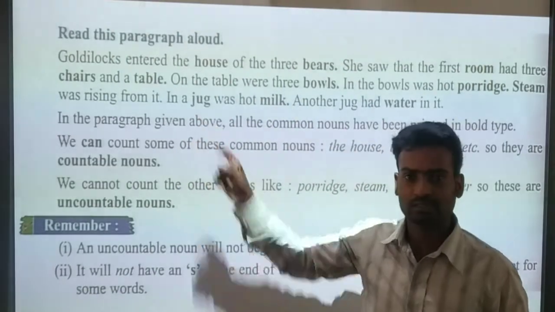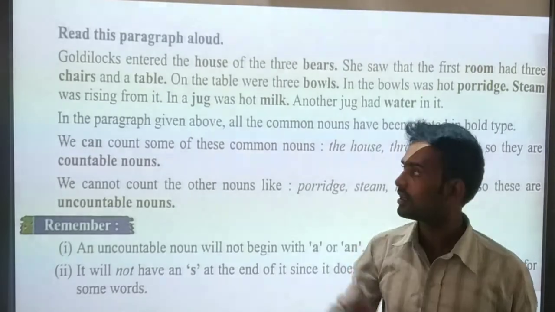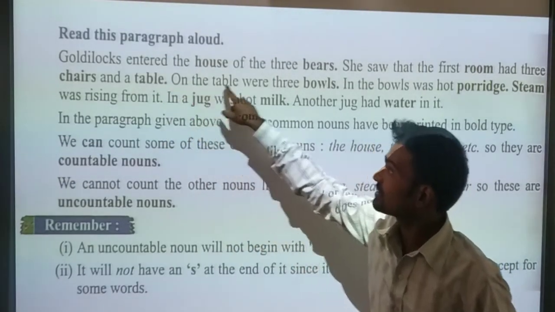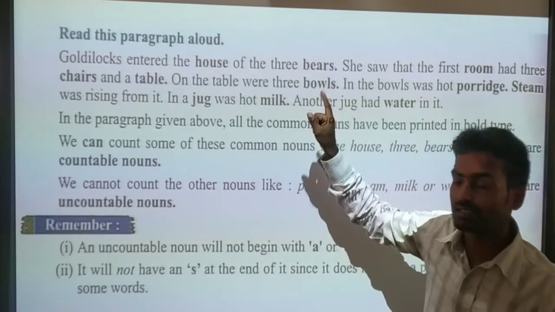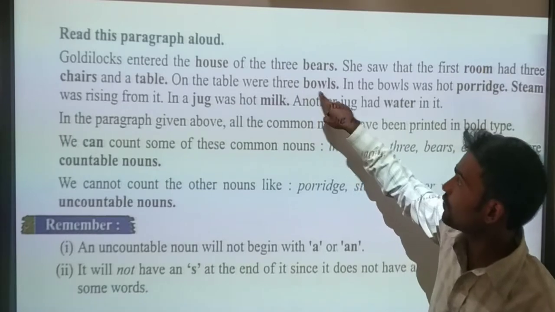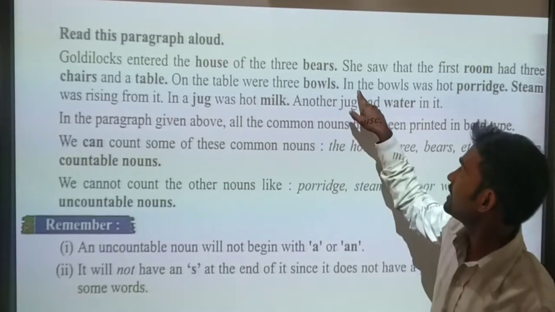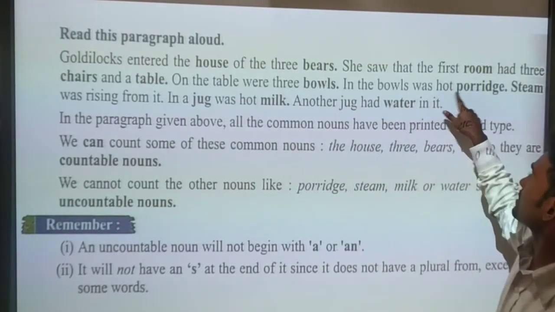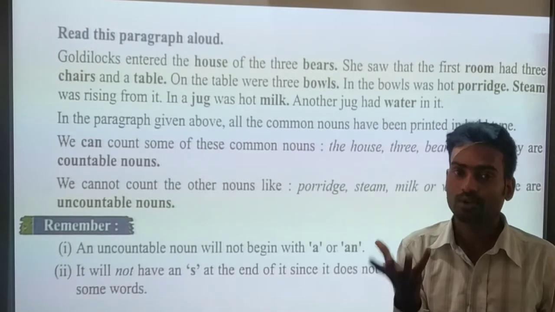Right? 3 chairs. A means 1 table. On the table were 3 bowls. On the table, how many bowls were there? 3. So, we can count the bowls. In the bowls was hot porridge.